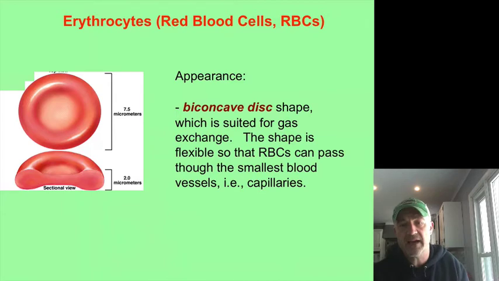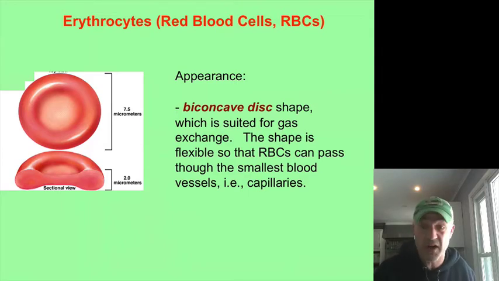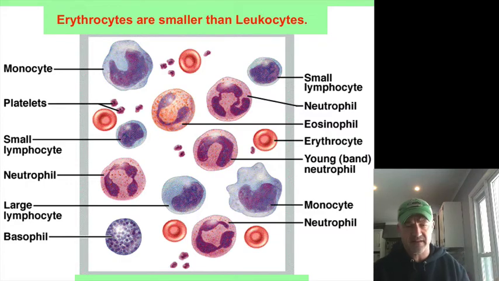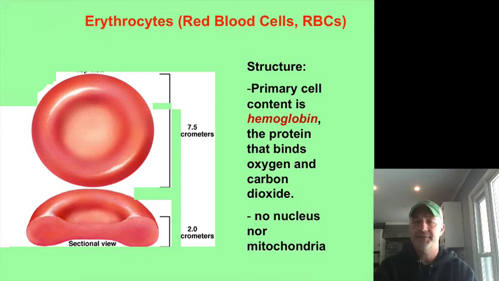So by having this biconcave disc, it means they have some flexibility to kind of bend one way or the other, and that flexibility allows them to get through these smallest vessels. And again, these are generally the smallest full-size cell that's in here, about 7 to 8 micrometers across, very consistent size. And really, when you look at this, the cell is really a cell filled with the protein called hemoglobin, which is going to carry oxygen and carbon dioxide.